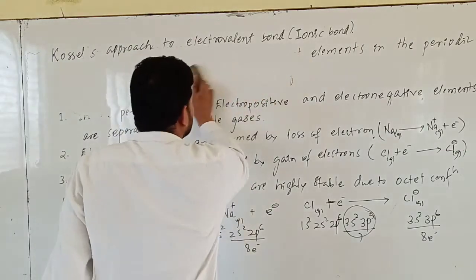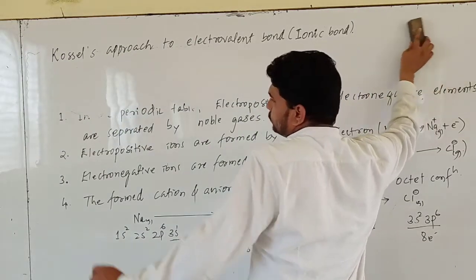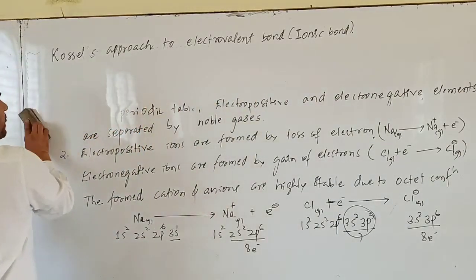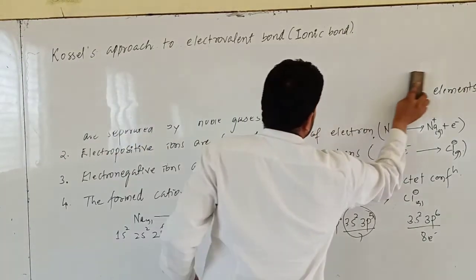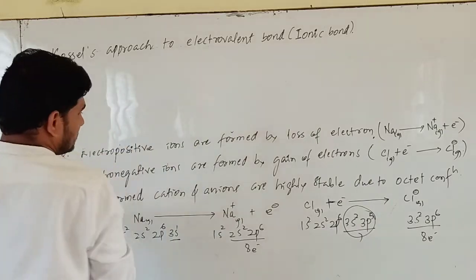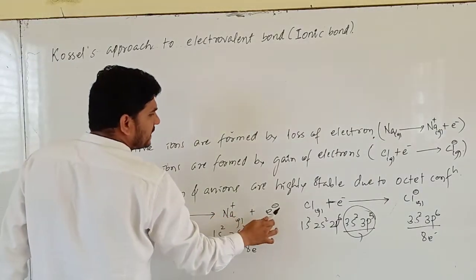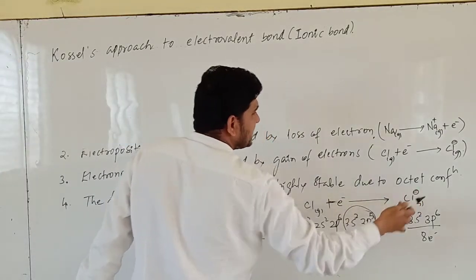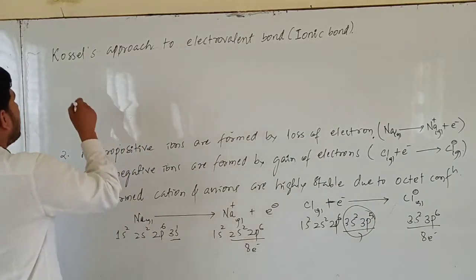Okay. Next postulate. The fifth postulate is that sodium becomes sodium cation by the loss of one electron, and Cl becomes Cl minus anion by the gain of an electron.